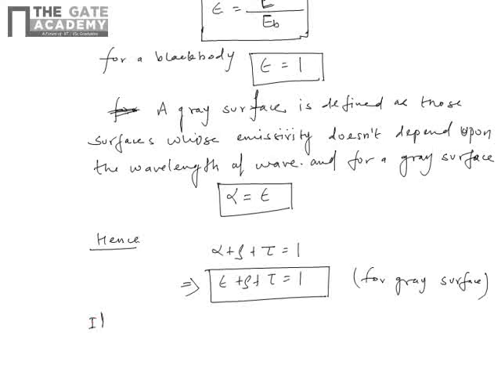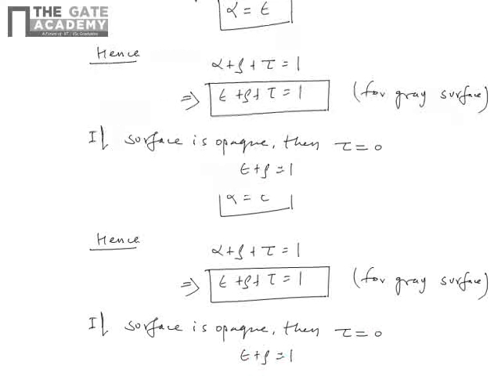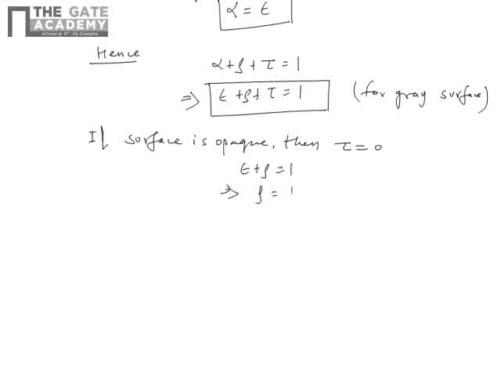If surface is opaque, then it cannot transmit any amount of radiation, that is tau is equal to 0, hence epsilon plus rho is equal to 1, so reflectivity is 1 minus epsilon.